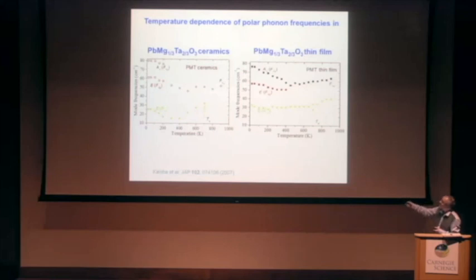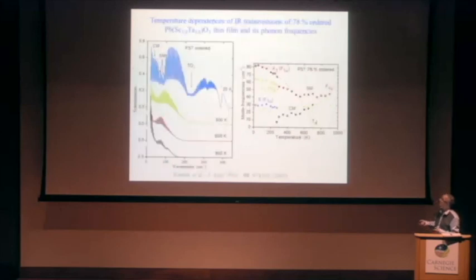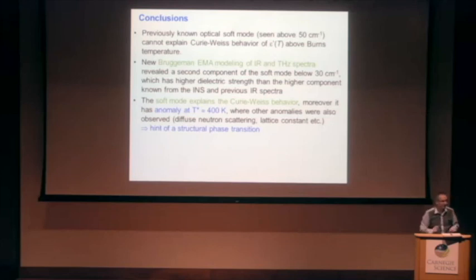But in PMT ceramics, again, we see the softening and hardening around 400 Kelvin. In this case, we were not able to resolve the lower frequency component at higher temperatures because everything is very damped. It's difficult. And the same is in PST, but I have no time, so let's go to the conclusion.